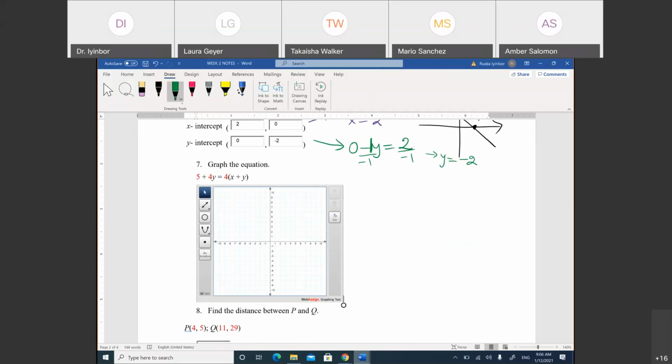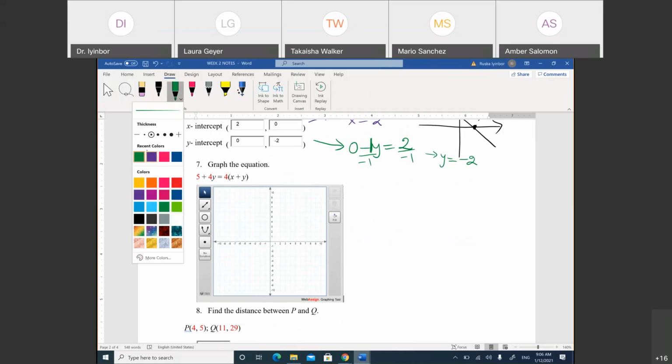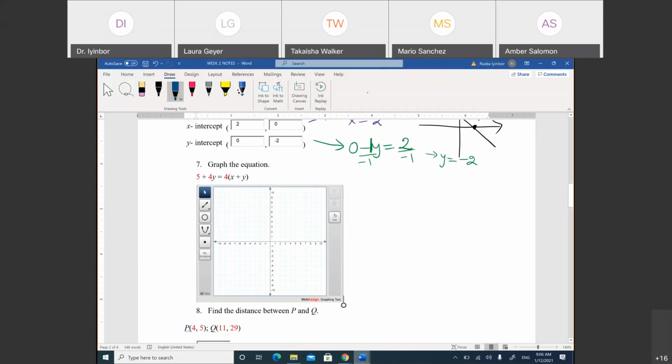What I'm doing first is the parentheses. I'm going to multiply 4 and x, 4 and y. So that will give me 5 plus 4y equals 4 times x is 4x plus 4 times y is 4y.